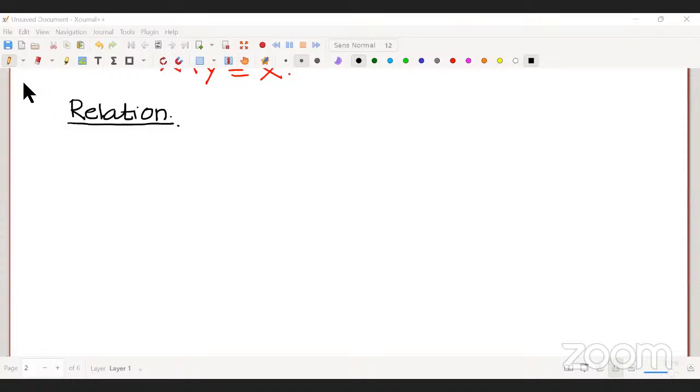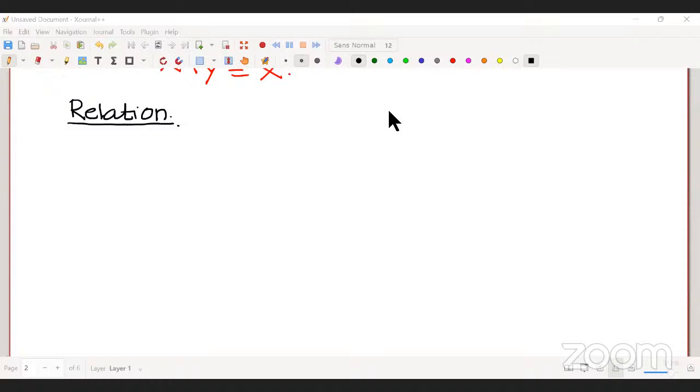You start with some set, then define it. What is the mathematical definition of relation? Relation between two or more sets. No, you are saying subset. Yeah, carry on.